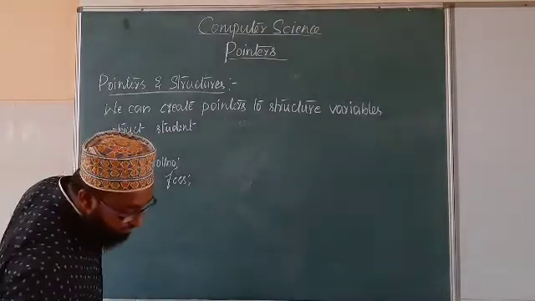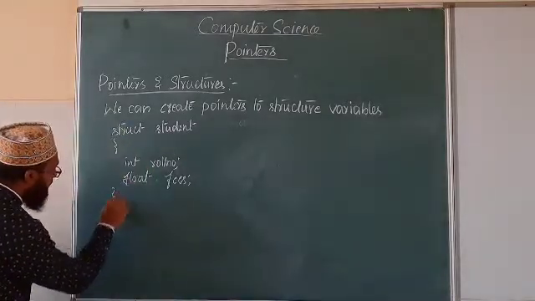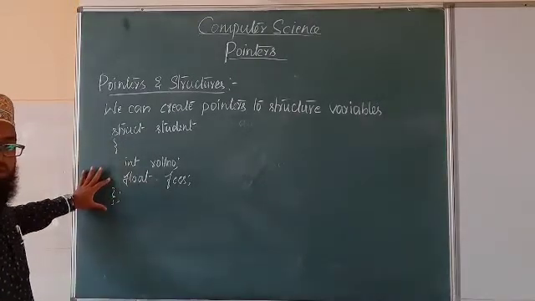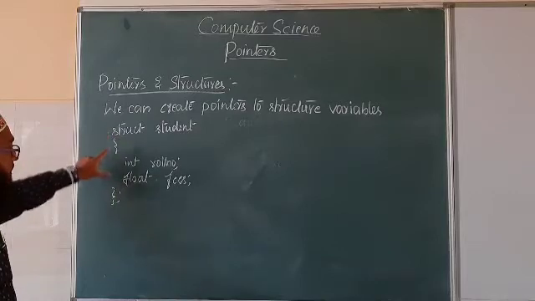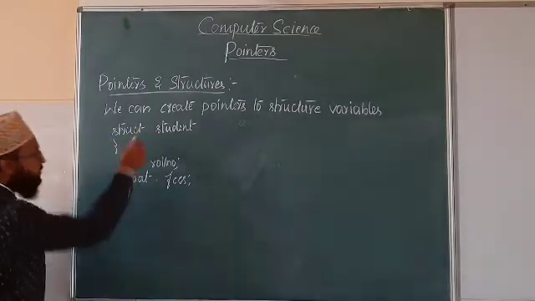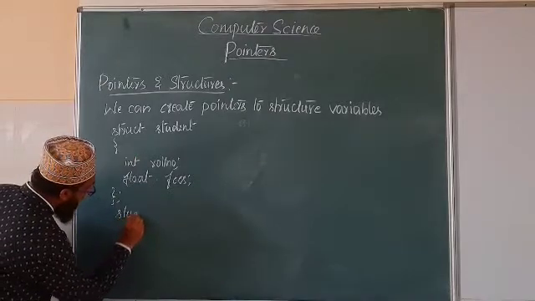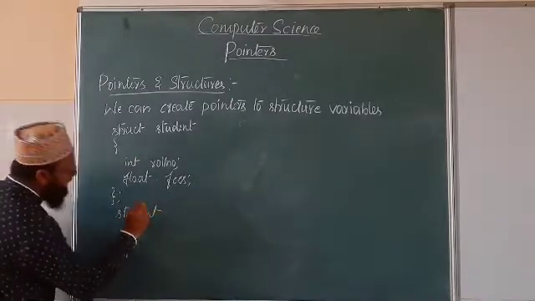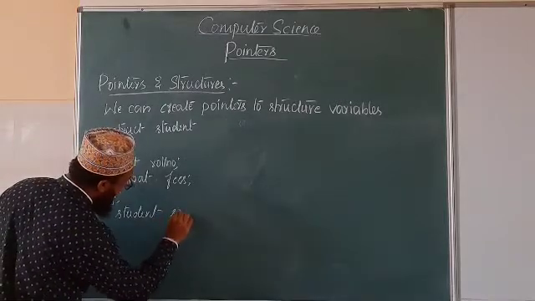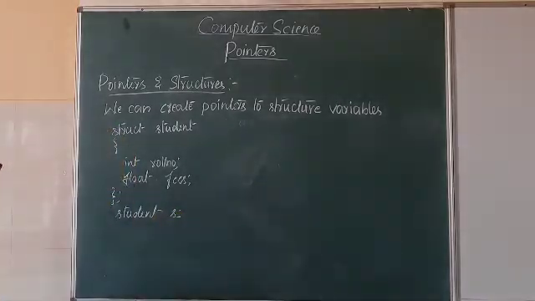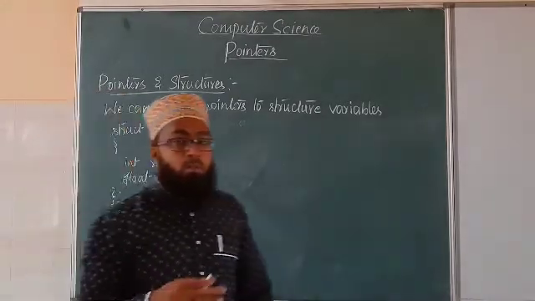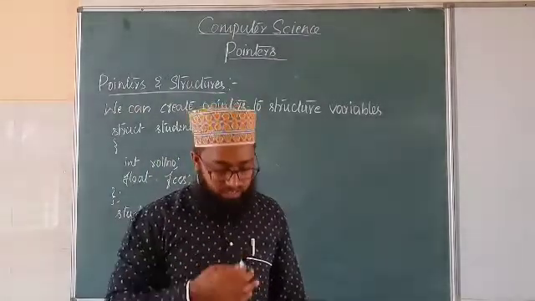Then close the structure, in the same way as we close a class. Now we are using this structure: student, and take one name here, take it as s. Student s.